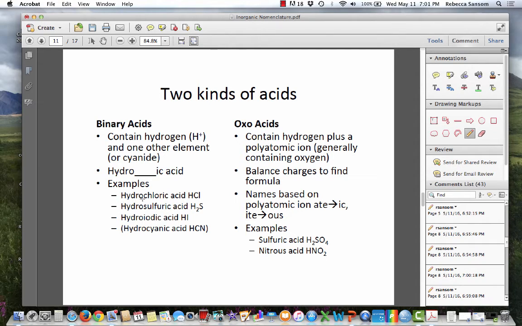For example, hydrochloric acid has hydrogen and chloride. Hydrosulfuric acid has hydrogen and sulfur. Hydroiodic acid has hydrogen and iodine. Hydrocyanic acid is HCN. It's the only one that's a little funky because it's got that polyatomic ion in it.